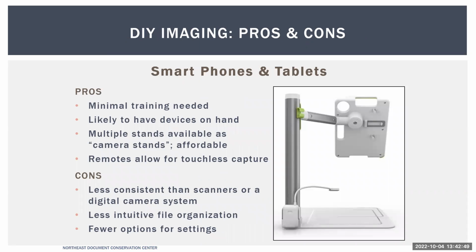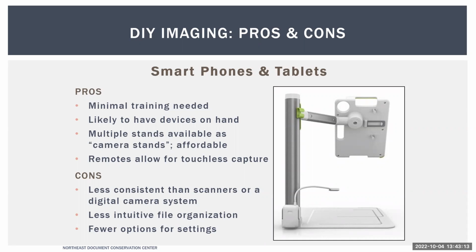But moving from there, we can also simply use what we have on hand. I think we learned a lot about this during the pandemic. We know that our phones and our tablets can serve as powerful imaging tools. A phone or a tablet, along with an all-in-one stand, can also serve as an extremely portable scanning rig.